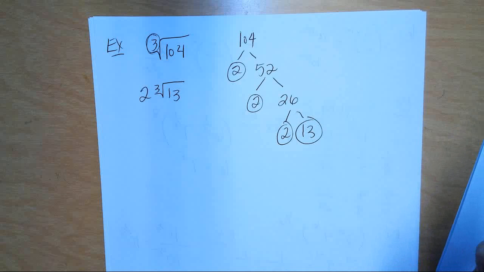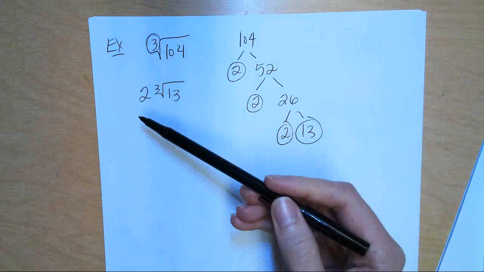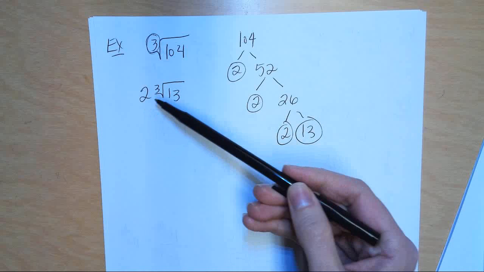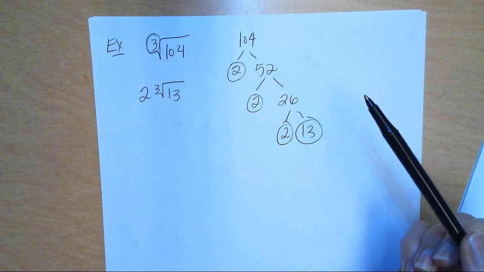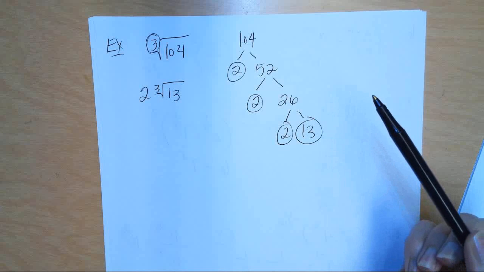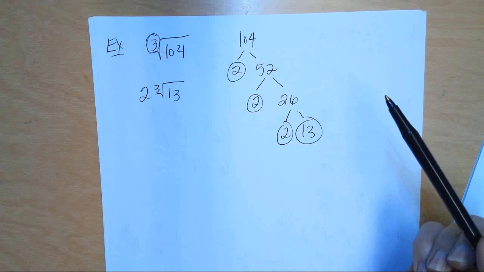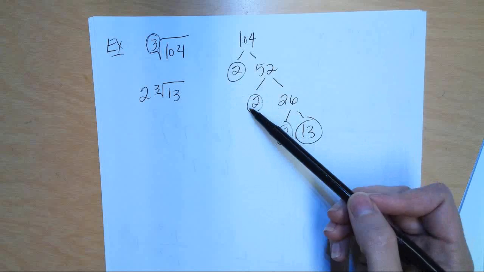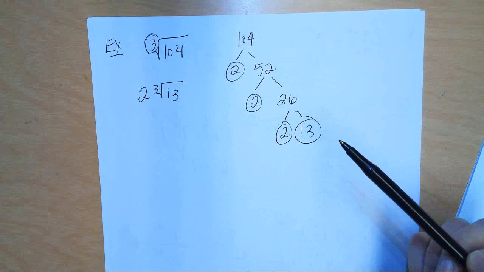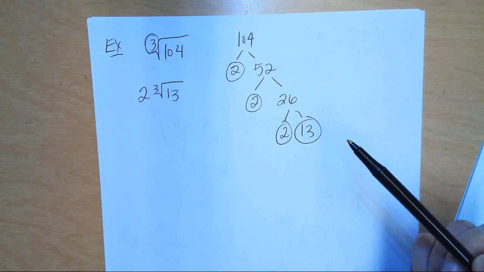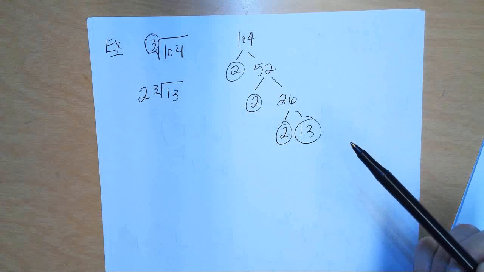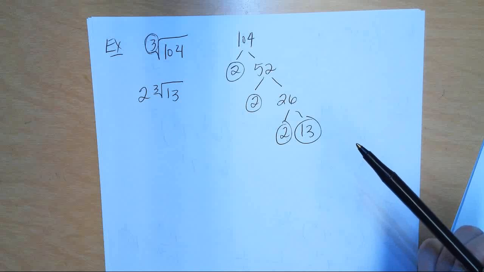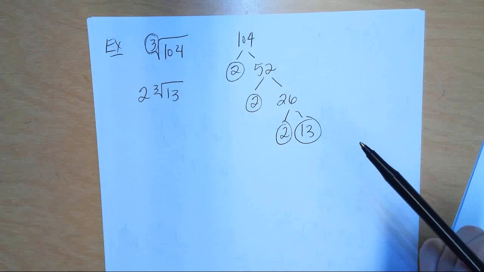The reason you have a 2 out here and not inside is because we're looking for groups of 3, and when you find a group of 3, you take it outside of the root sign and write it one time, which is what we did. We took the three 2's out and wrote them one time.